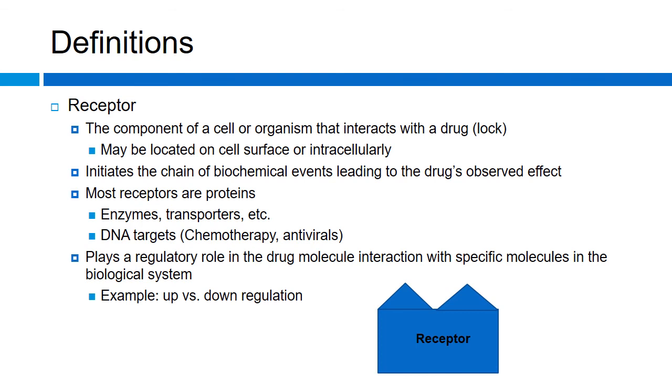And so there's also a lot of regulatory role in your receptors in determining how you respond to a drug over time, right? So this is that negative feedback inhibition at play here, where if I were to give you a drug that activates a receptor on your cell surface, and I keep activating it over and over again, do you think that receptor wants to stay activated? Because remember, you want to maintain homeostasis, right?